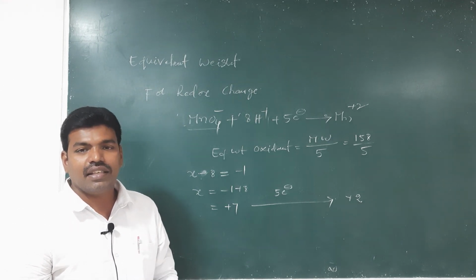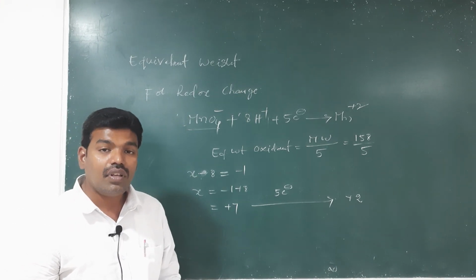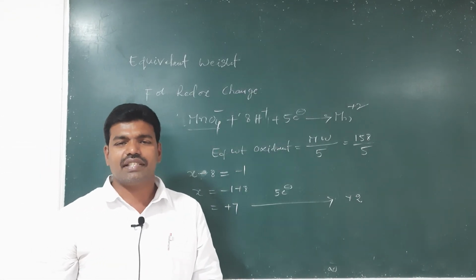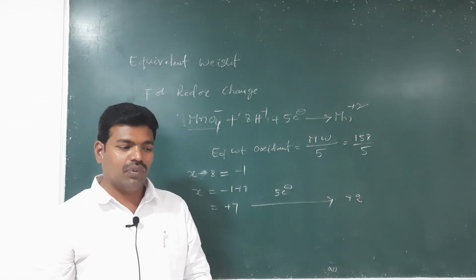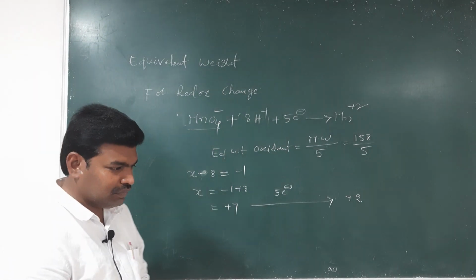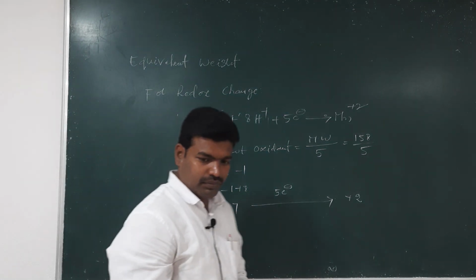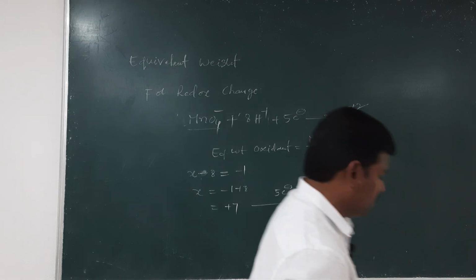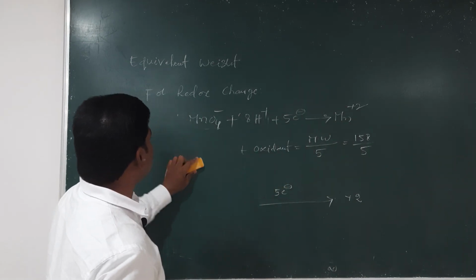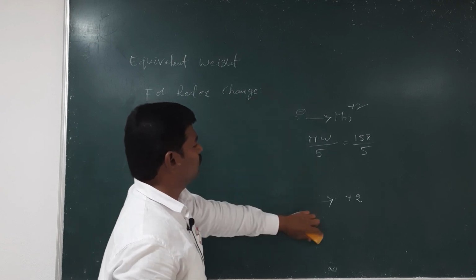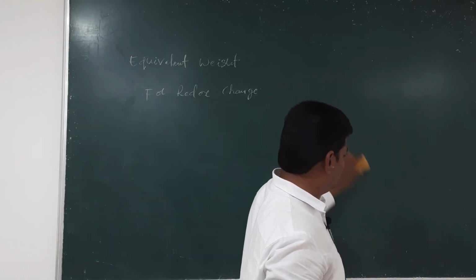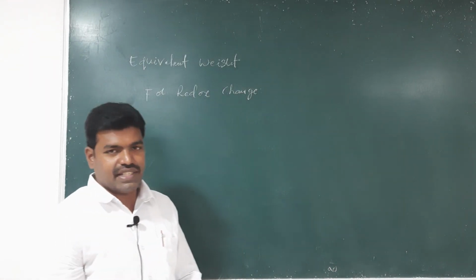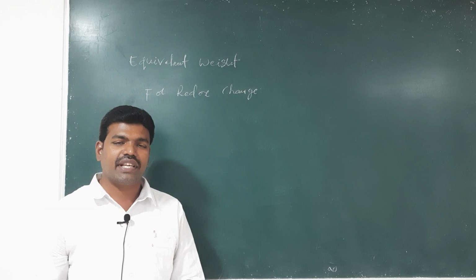Now let us see the equivalent weight of a reducing agent. The best example for a reducing agent is ferrous sulfate. Ferrous sulfate is a good reducing agent.